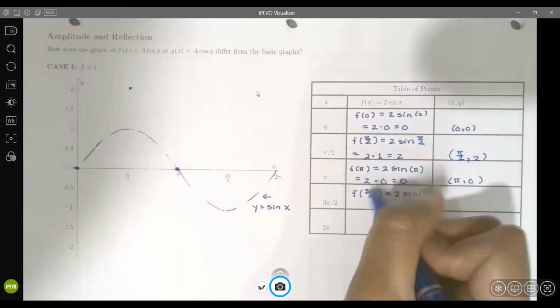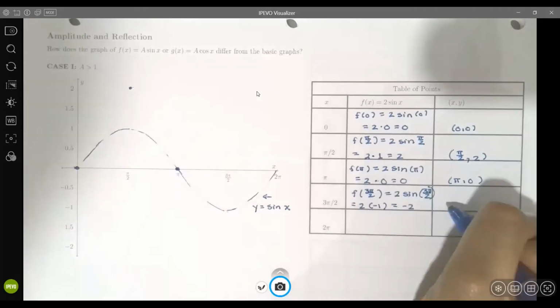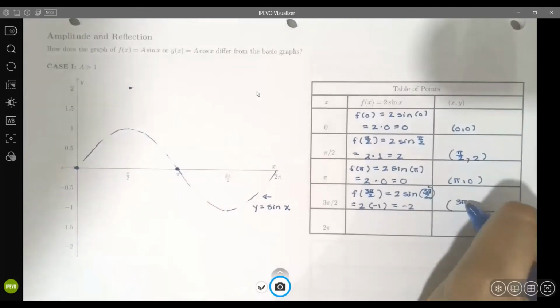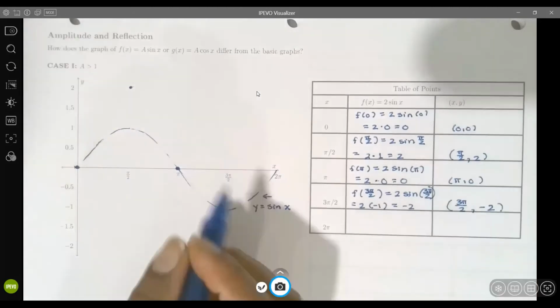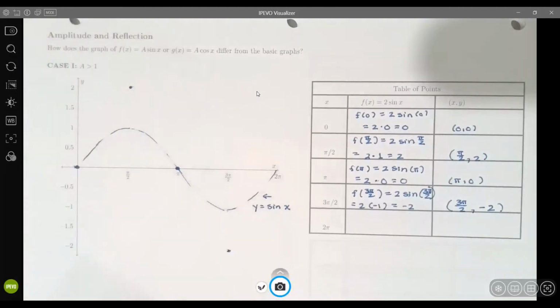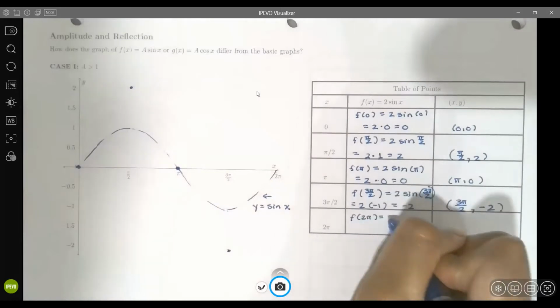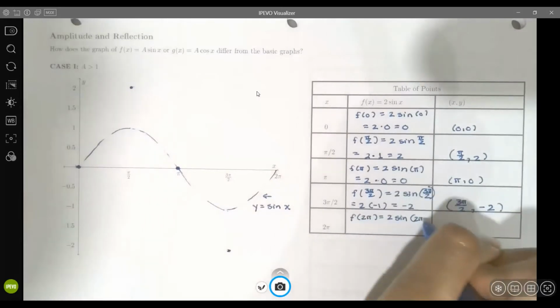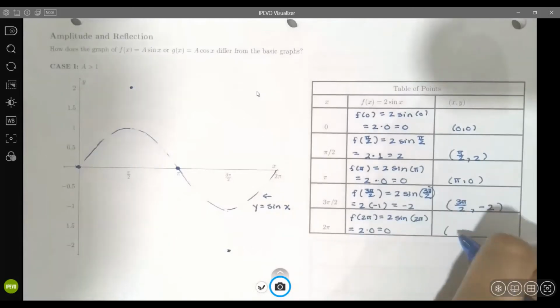So we'll have 2 times negative 1, which will give us negative 2. That means we'll plot the point 3 pi over 2 comma negative 2. So at this point, we go down to negative 2. Stop there. And then finally, 2 pi. We have f of 2 pi equals 2 times sine of 2 pi, which is going to be 2 times 0, and that's 0. So we have the point 2 pi comma 0. So it's this one here.